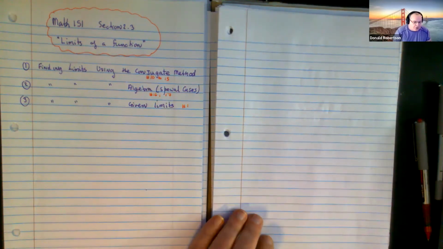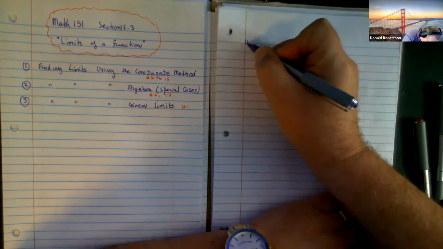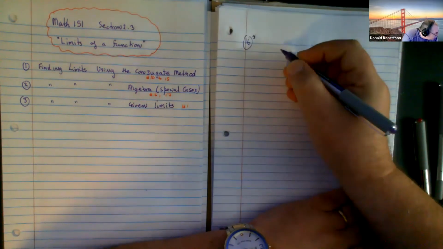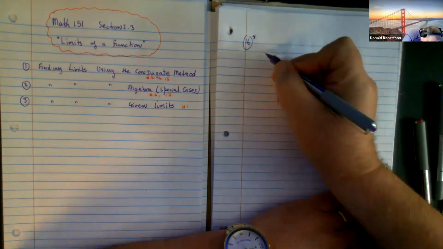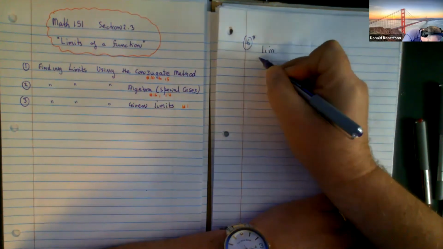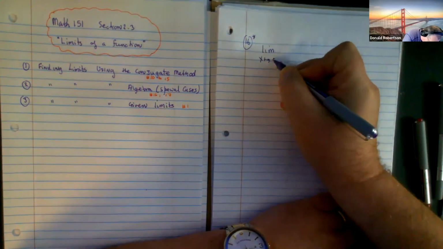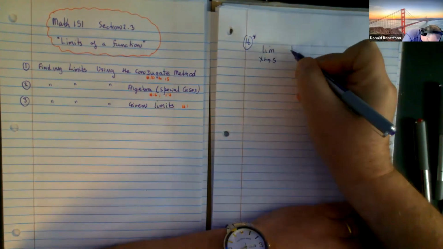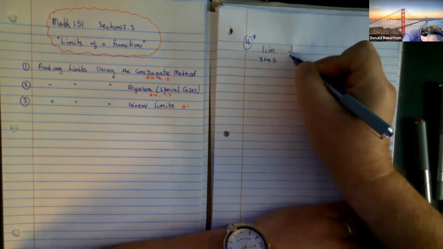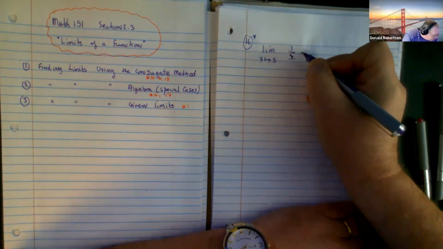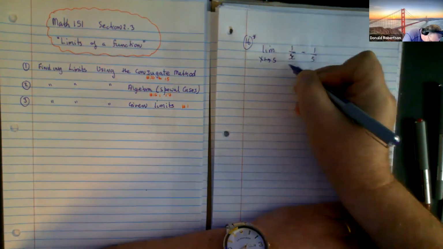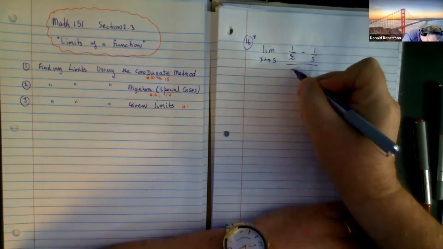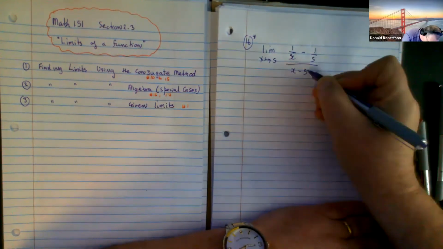So the ones I'm calling special cases, because I couldn't think of anything else to call them, are questions 16 and 17, which are the two I'm going to be picking on. Let's do the limit as x tends to 5 of 1 over x, take away 1 over 5, and on the bottom is going to be x take away 5.